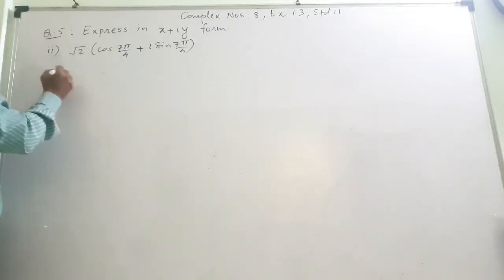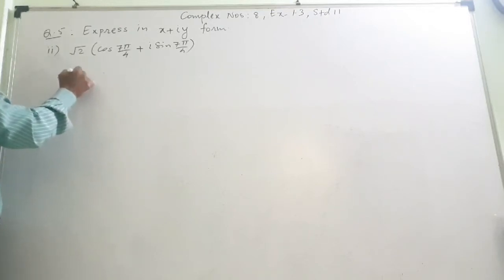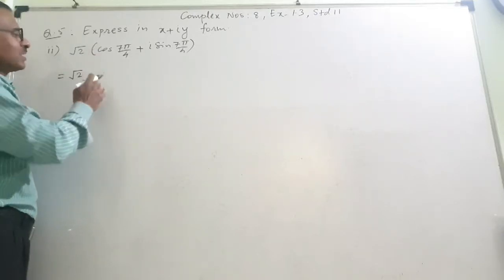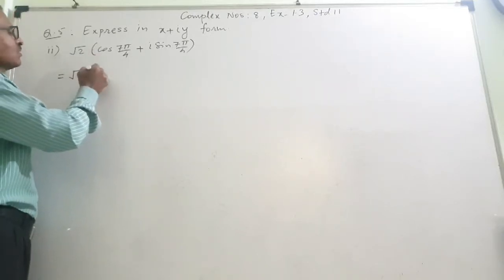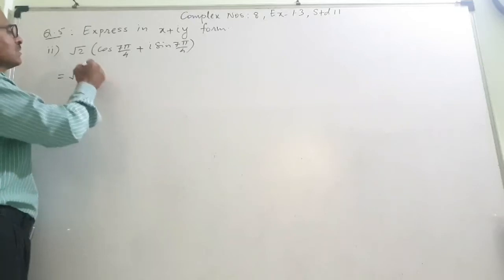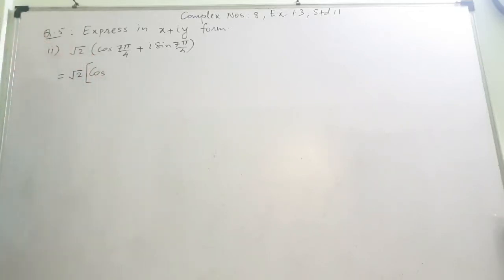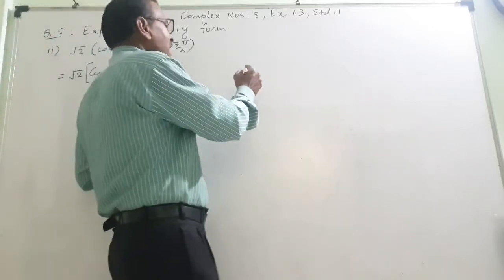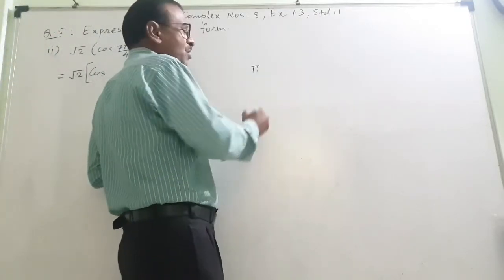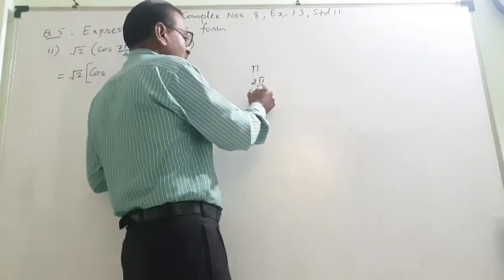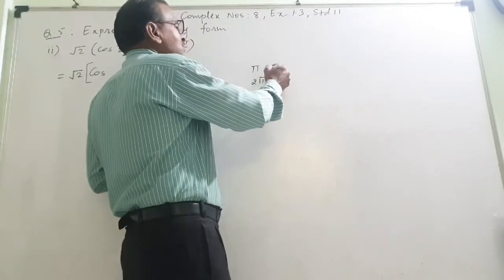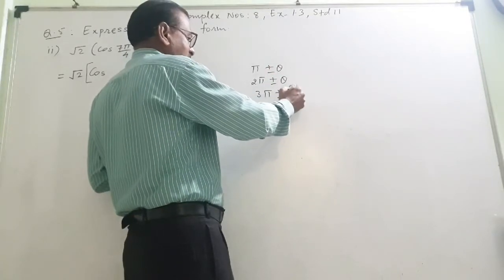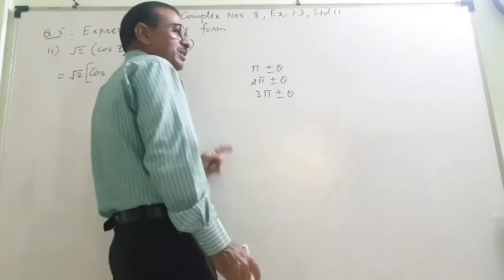This is equal to root 2 into cos of 7 pi by 4. What is that value that I will find? How to solve this 7 pi by 4? That is important. I have told you, if I add or subtract multiples of pi or 2 pi, the ratio doesn't change.